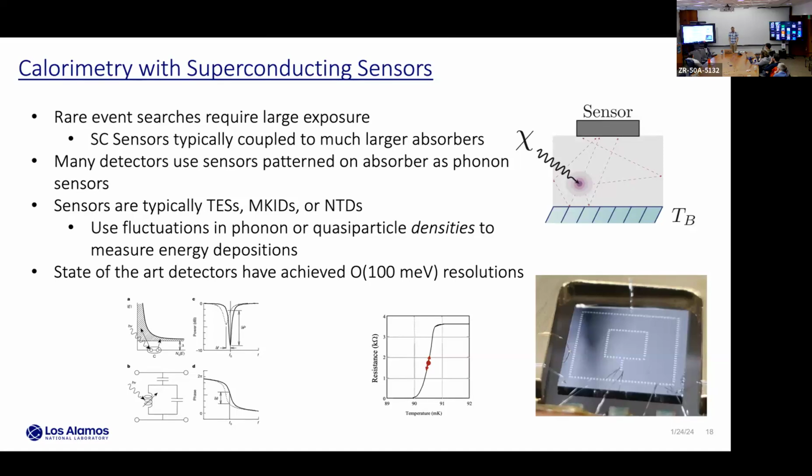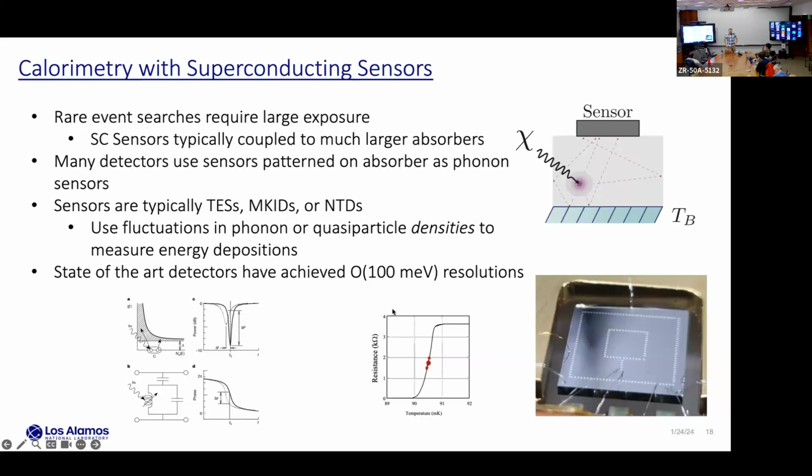And so usually people use transition edge sensors like TESs or kinetic inductance detectors or NTDs, which I guess isn't a superconductor, but a sensitive thermometer. And they measure the density of the phonon or superconducting quasi-particle population that gets created. And so they're always going to be limited by some kind of Poissonian fluctuation in those densities. And that's what ultimately limits the resolution of those styles of classical detectors.